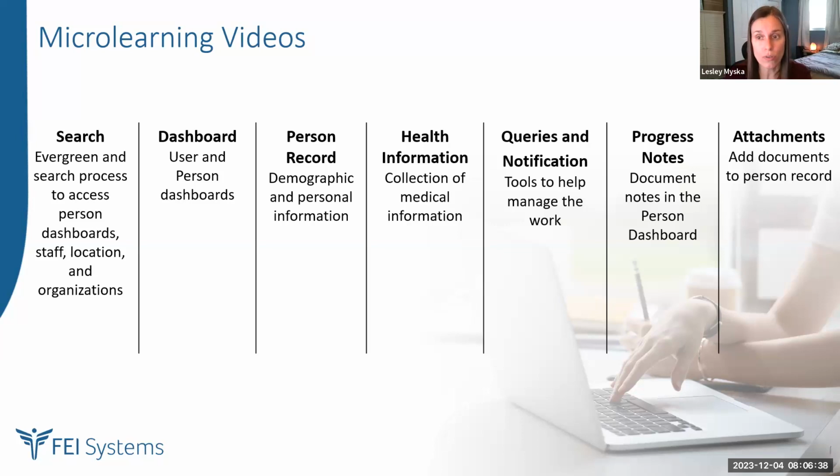Dashboards. There are two dashboards in Evergreen. One is for you and the other is the person dashboard. The person record, where all demographic and personal information about the person is recorded. Health information, which has a comprehensive collection of all of the information such as allergies, treatments, medications, diagnoses, health insurance, etc. Queries and notifications, which are tools to help you manage your outstanding work or actions that you need to take in the system.